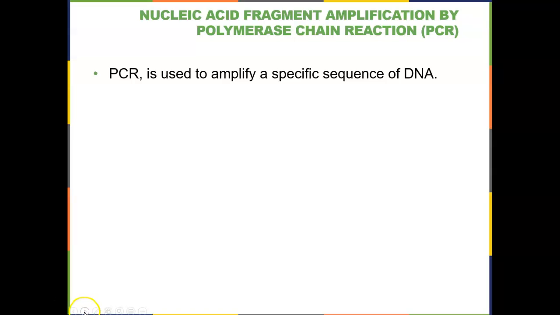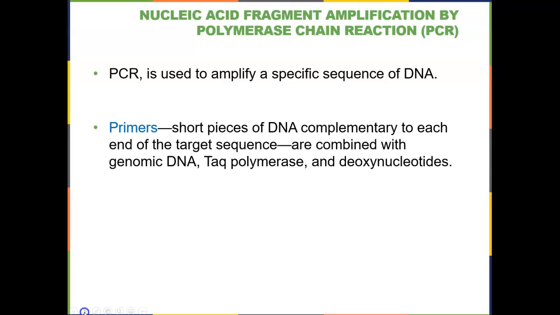So you might have, say, only a small amount of the DNA and you want to make more of it. First, we need to use short pieces of DNA that match up with the segment you're trying to reproduce, and these are called primers.